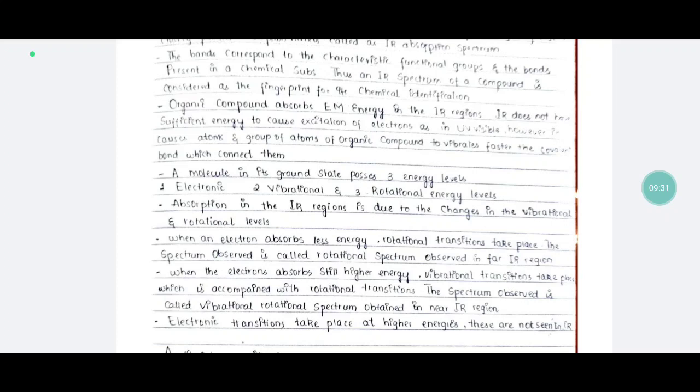Organic compounds absorb EM energy in the IR region; IR does not have sufficient energy to cause excitation of electrons as ultraviolet does, but it causes atoms and groups of atoms of organic compounds to vibrate faster about the covalent bonds that connect them. A molecule in its ground state possesses three energies: electronic, vibrational and rotational energy levels.